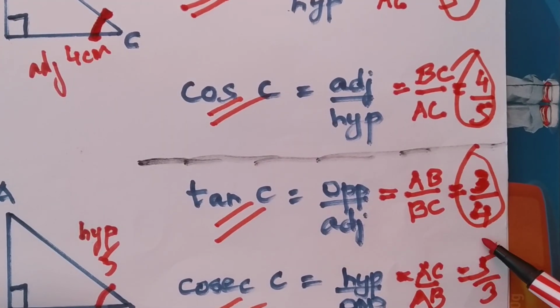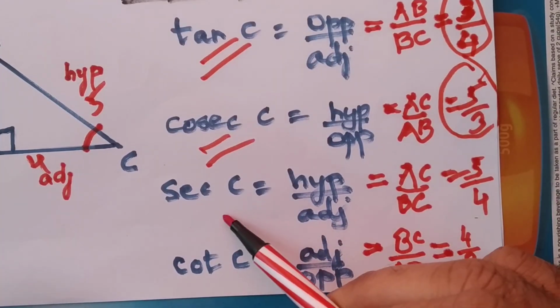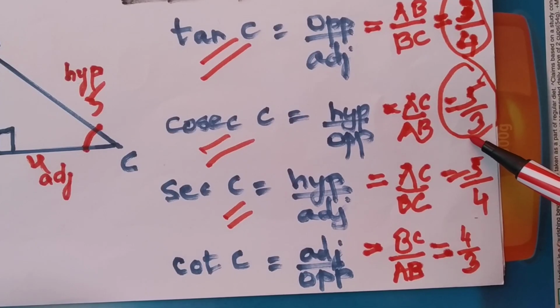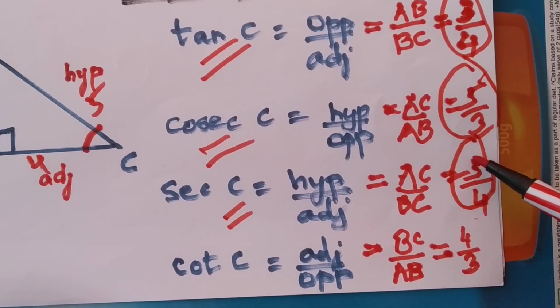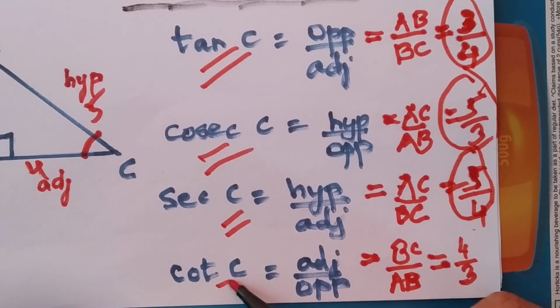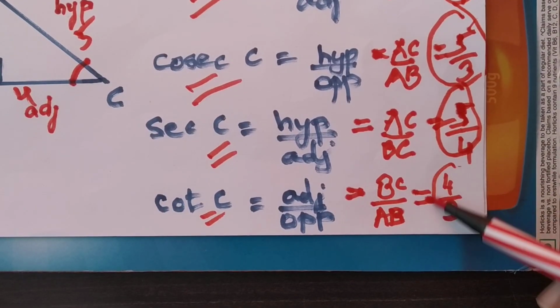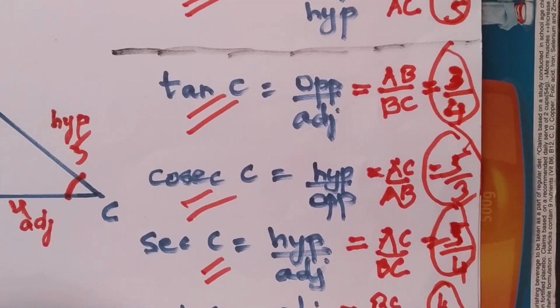Cosec C is 5 by 3. Sec is 5 by 4. And cot is 4 by 3. So these are the 6 T ratios that we derived.